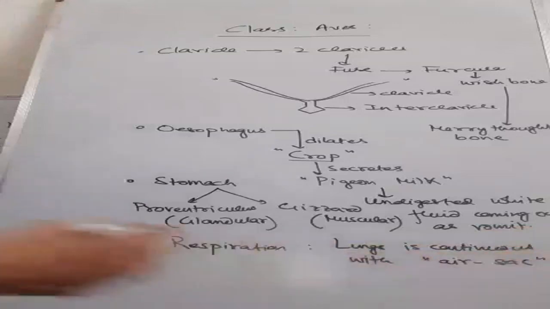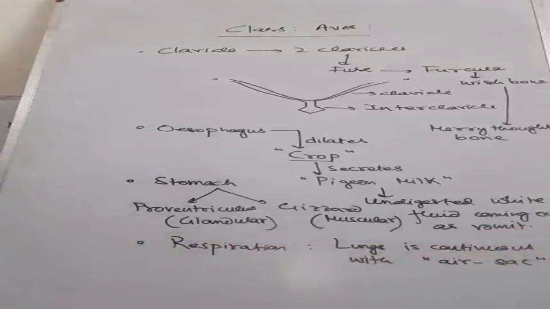If you are given the option, what is the respiratory organ of birds, you should tick the air sac rather than lungs. If both lungs and air sac options are given, you are to tick air sac. If both options together are not given, always tick the air sac.